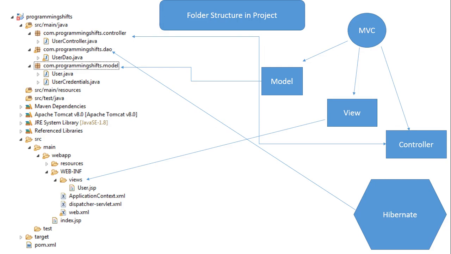The dispatcher servlet is a front controller, and all the application context will be in the application context file. I will explain further in another video. I will explain only this slide so that you get an idea, and you can focus more on the project in future when I implement it live in front of you, right?